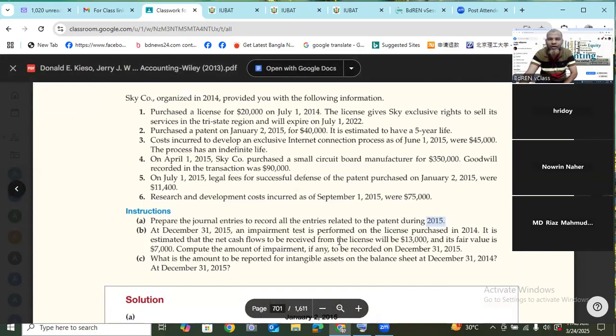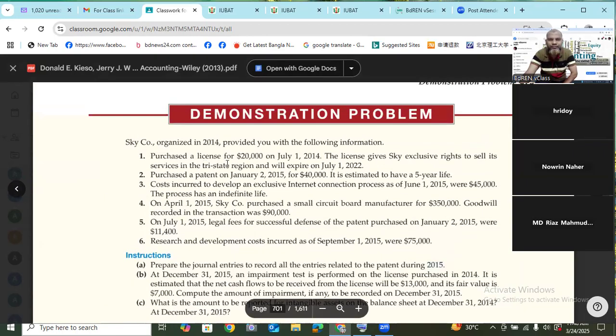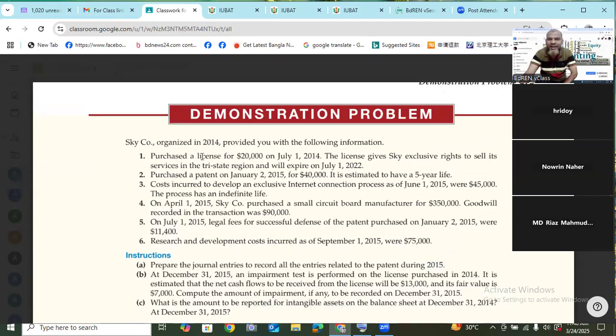January 2, 2015. This is the license, this is not the patent. Purchase a patent on January 2, 2015, how much? 40,000. Estimated life 5 years. So what will be the journal entry?